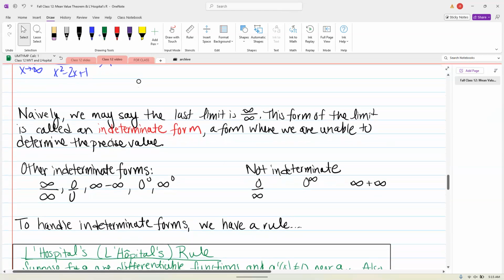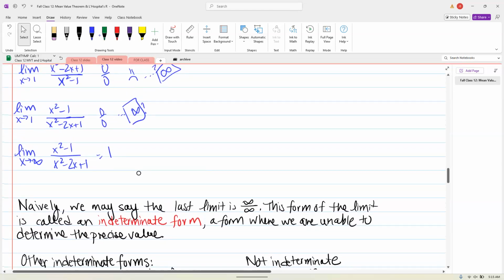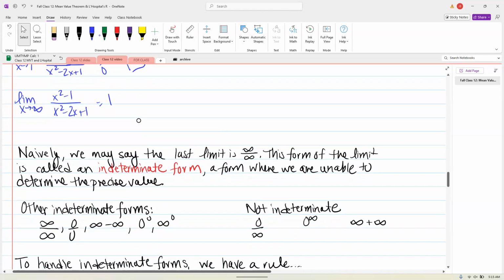When we see something where we get 0 over 0 or infinity over infinity, those are called indeterminate forms. Infinity over infinity, negative infinity over negative infinity, plus or minus infinity over plus or minus infinity, those are all indeterminate forms. 0 over 0 is indeterminate, and they're called indeterminate because we can't find the precise value, right?